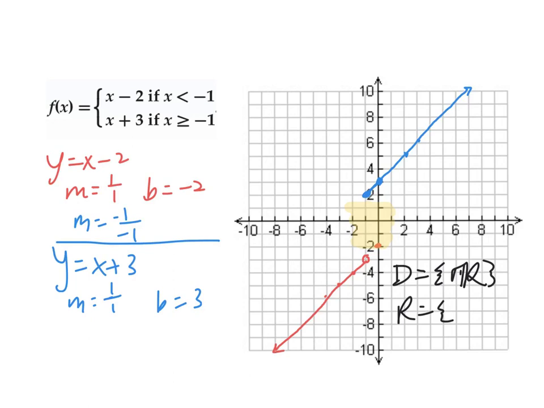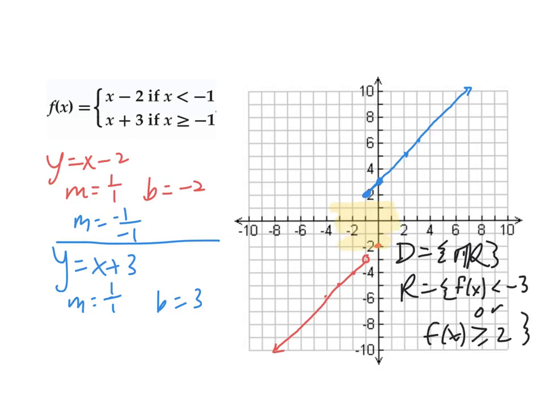That's where my range comes from. And we write it as f of x because we actually aren't talking about y's here. I know we're writing y's and thinking of it as y, but it's really f of x. So when I write my range, I have to write it in terms of f of x. And so I get two parts. F of x is less than negative 3, because here's the negative 3. Can't be equal to because of the open circle. Everything below here is on the red graph.